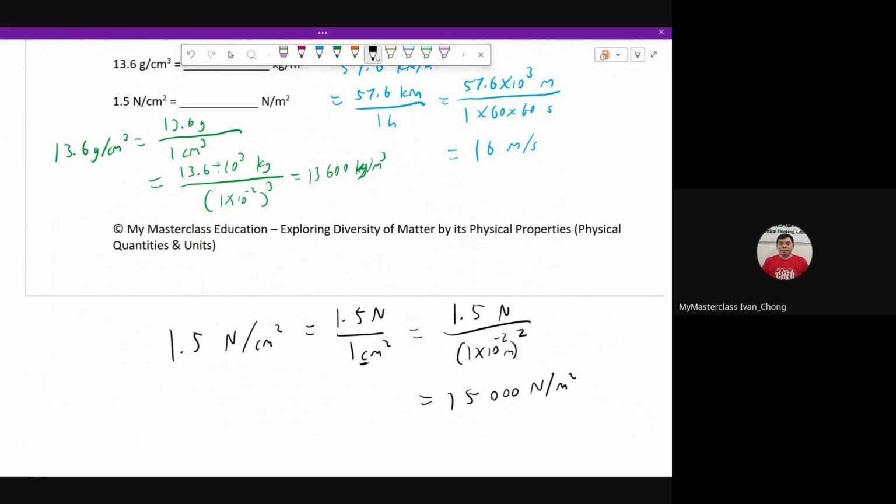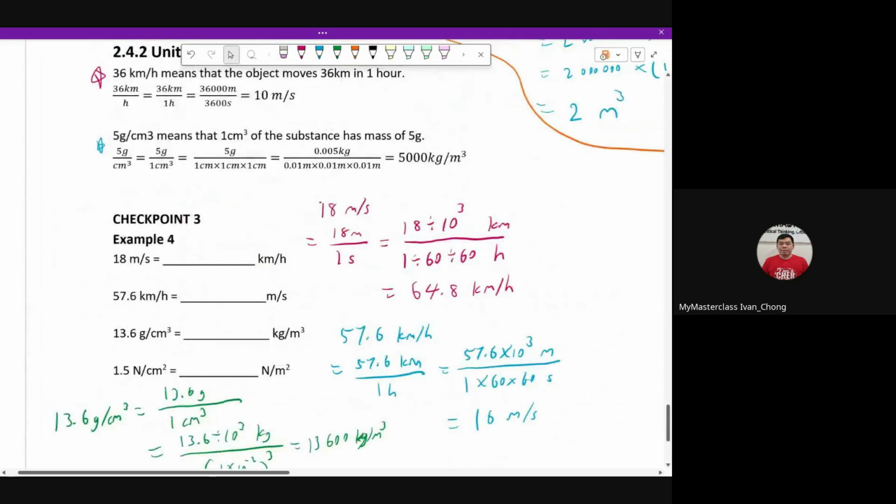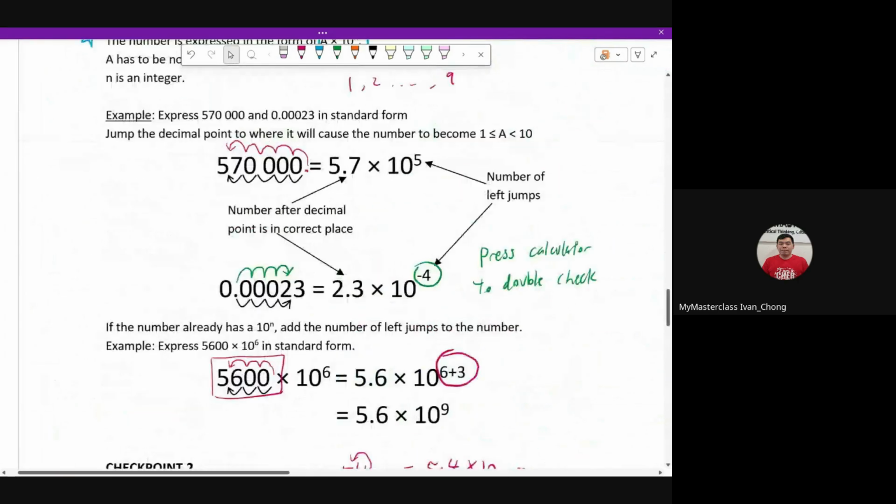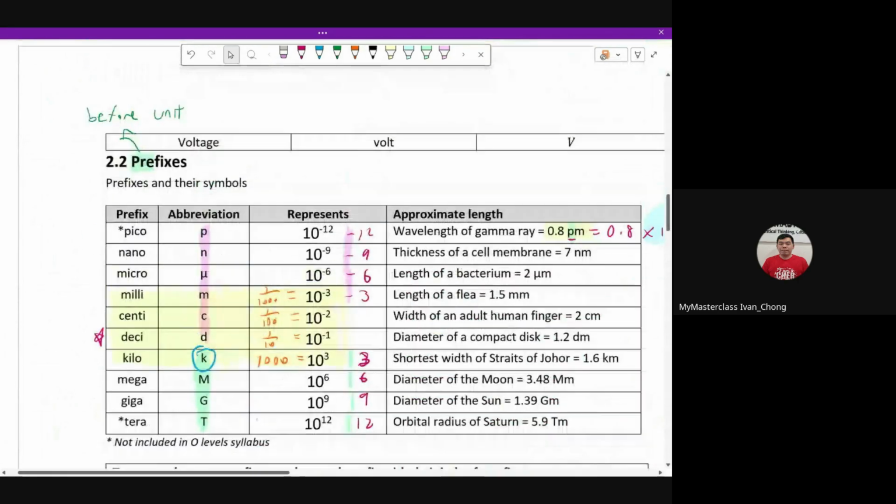Okay. So with that, this is all your calculation part. So please be careful about all your different calculations and do spend some time to actually go back and memorize all your table itself. But if your school doesn't require it, you can just memorize the one in yellow.